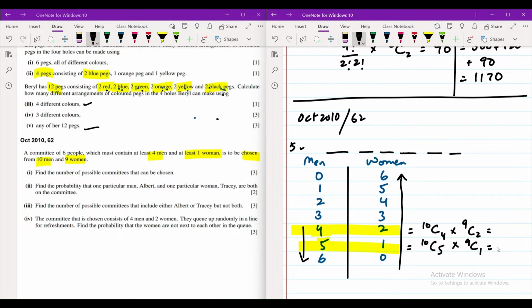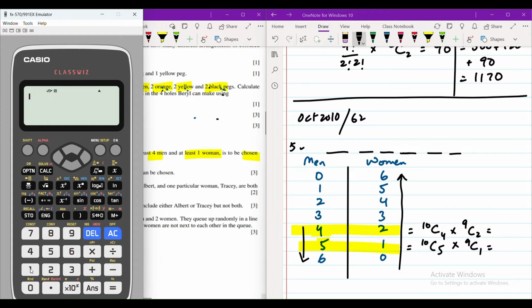So we add these together. 10C4 times 9C2, 7560, 10C5 times 9C1, 2268. Okay, so we add them together, 7560 plus 2268, we get 9828.